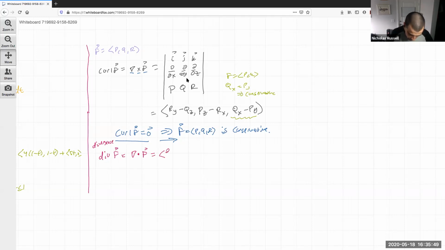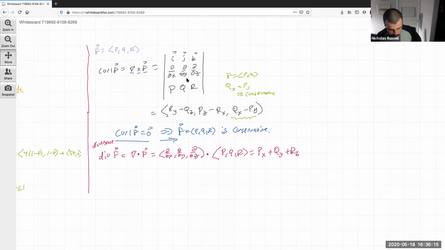You can think about this as the dot product between the gradient vector and PQR. You can also calculate a two-dimensional divergence, not really necessary for what we're doing. I can calculate something called circulation if you do it in 2 dimensions. But this calculates P_x plus Q_y plus R_z.